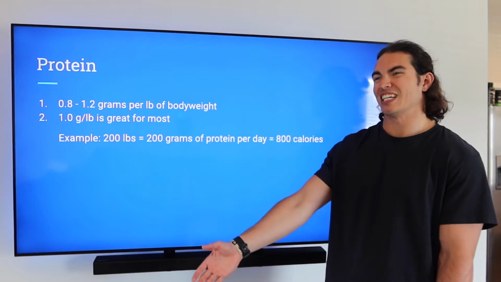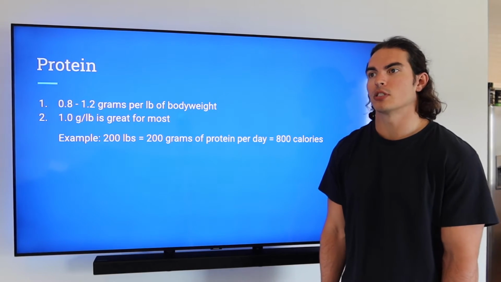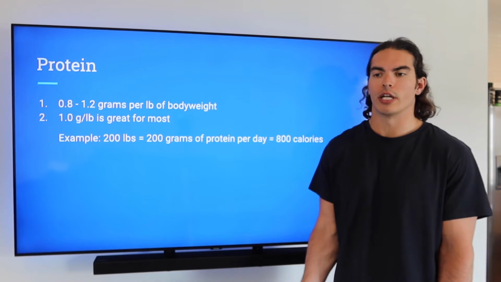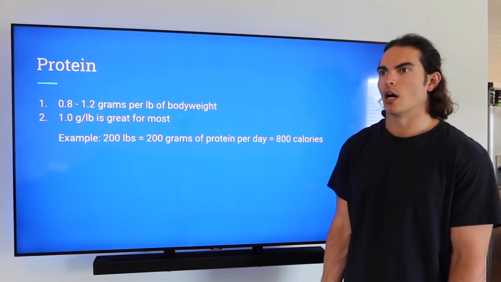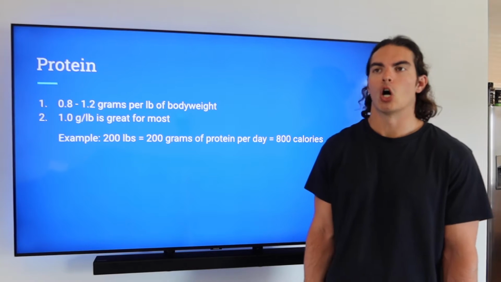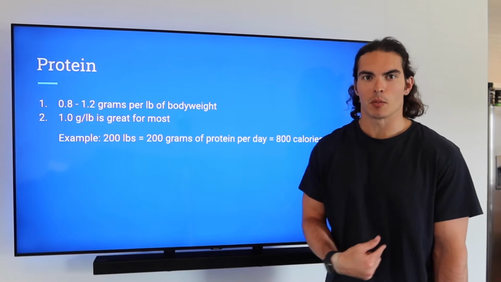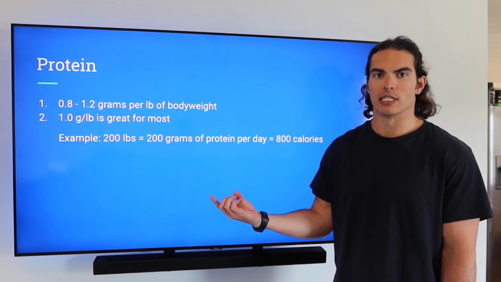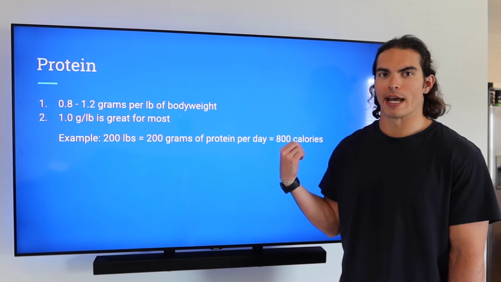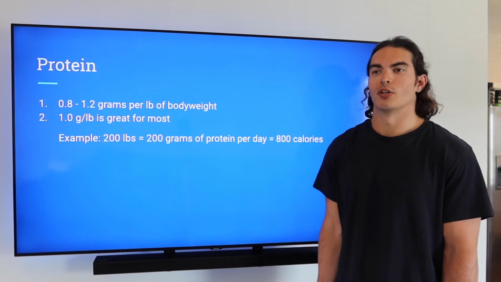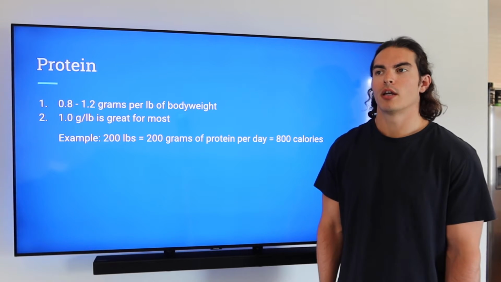And they're eating pretty low calories, I mean, it's all relative, right? But say they're eating 1,200 calories and they weigh 140 pounds, right? I'm not gonna have them eating 140 grams of protein on only 1,200 calories. That doesn't leave that many calories for carbs and fats. So it is goal dependent, right?